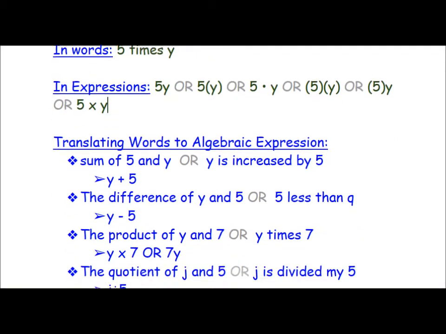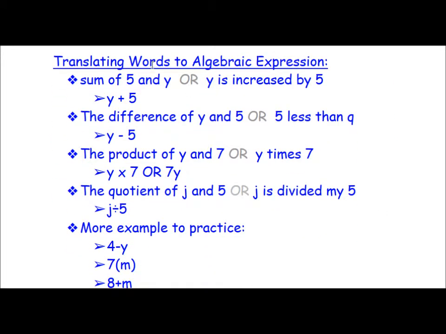Similarly, let's see other examples. For the sum of 5 and y, we can write y plus 5. When it is written as y is increased by 5, we can again write it as y plus 5, because y is increased by 5, that means y plus 5.